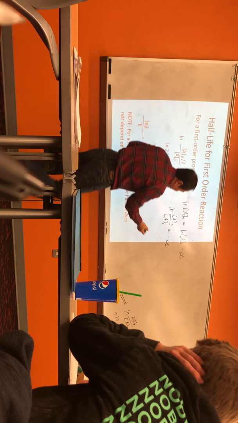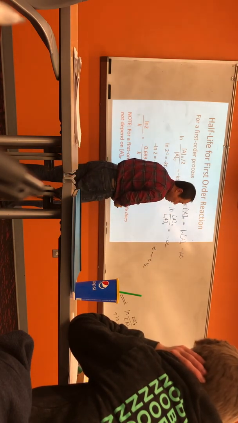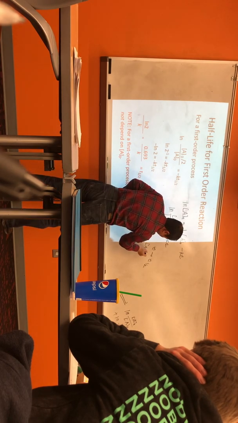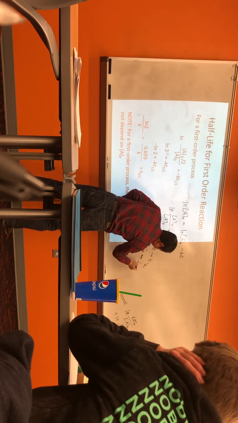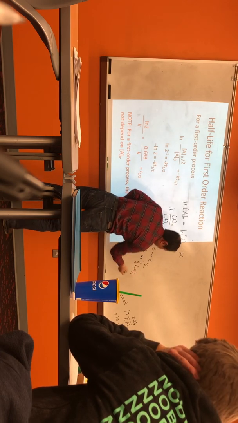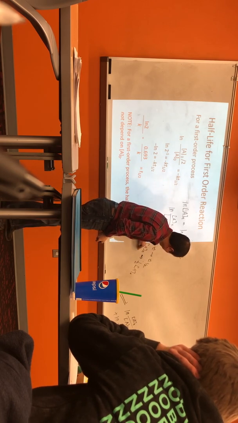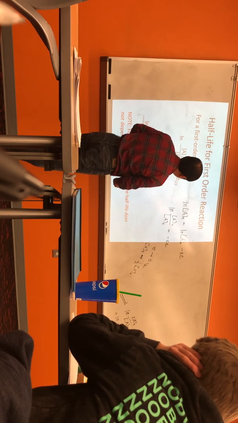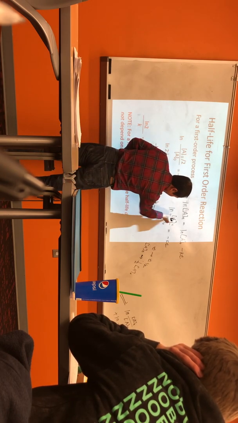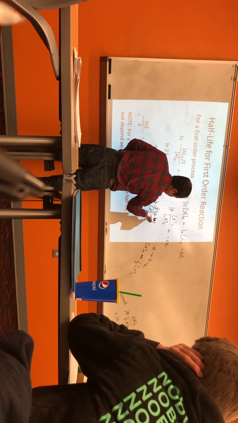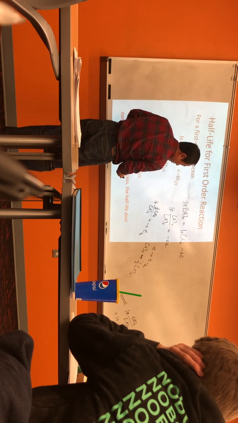If you wait until the half-life, then your concentration becomes half of the original concentration. That's the definition of half-life. So if you put this in, ln A0, this one is half of A0, and you waited one half-life.